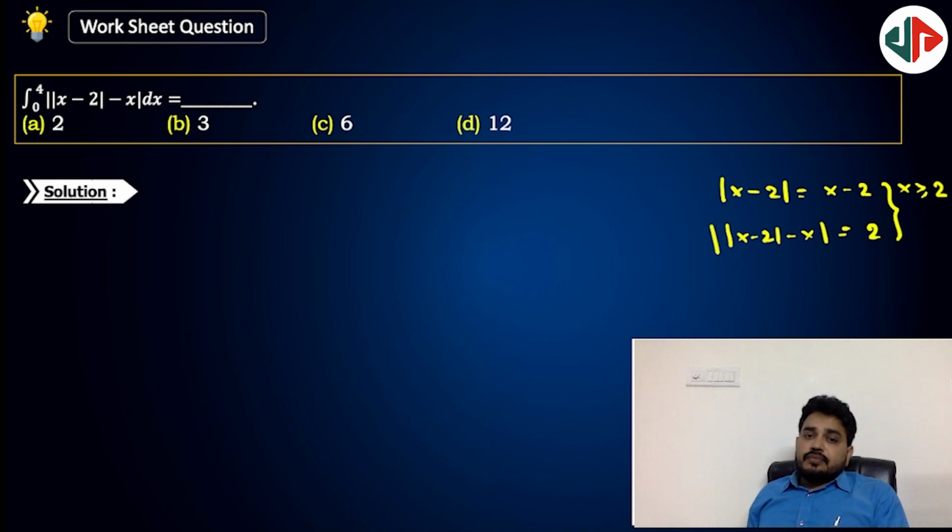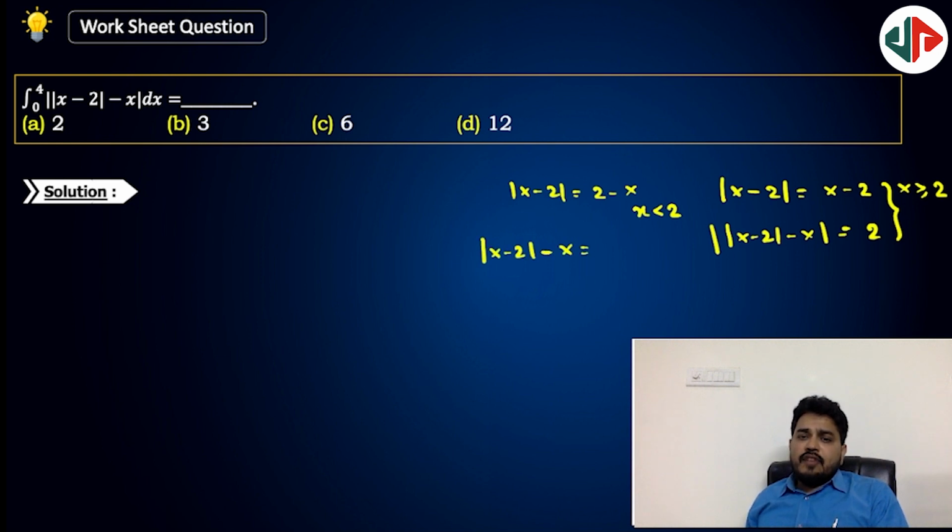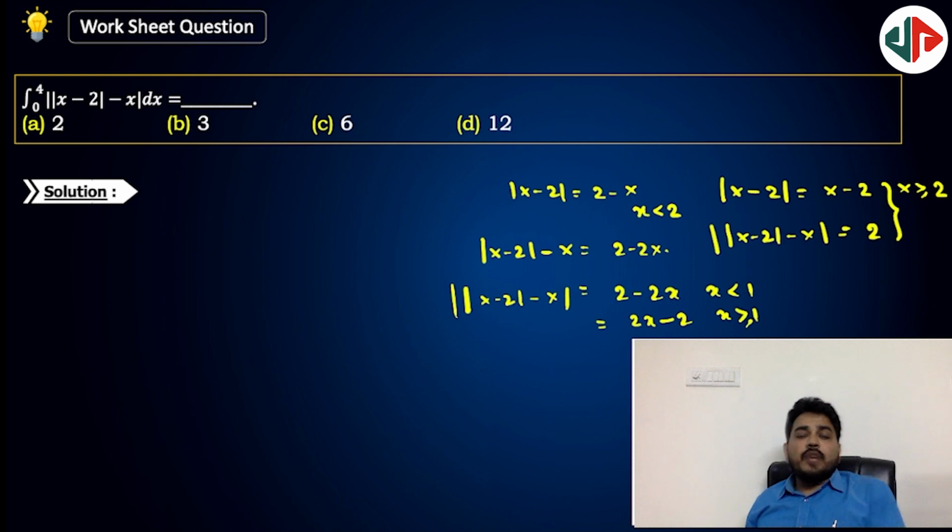Now modulus of x minus 2 is equal to 2 minus x if x is less than 2. So in this case, 2 minus modulus of x minus 2 will be equal to 2 minus 2x, and its modulus will be equal to 2 minus 2x if x is less than 1, and 2x minus 2 if x is greater than or equal to 1.